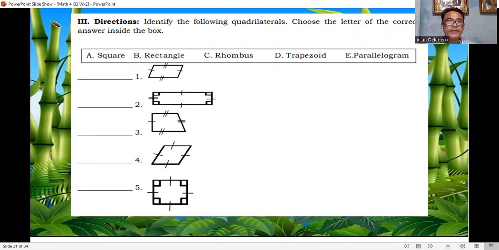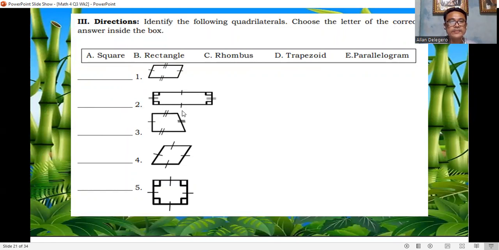Identify the following quadrilaterals. Choose the letter of the correct answer inside the box. Figure number 1. The 2 opposite sides are equal. Number 2, it has 4 right angles.